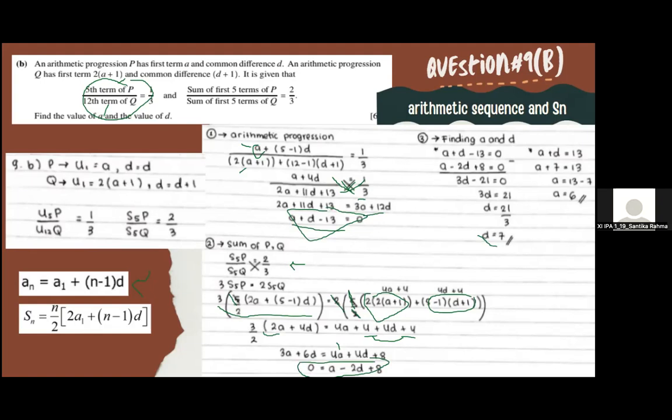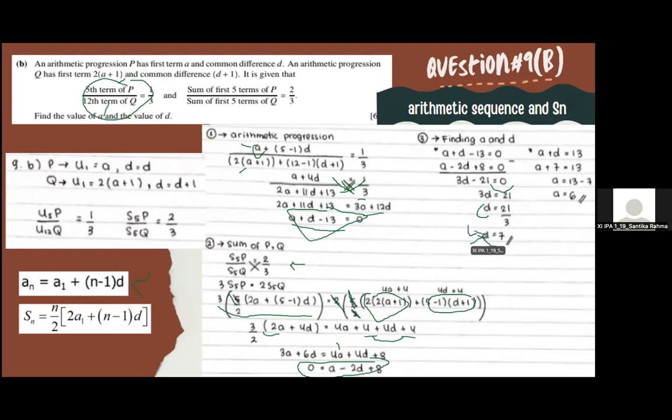We eliminate the a to get 3d minus 21, which equals 0. We move the minus 21 to the other side, so we get 3d equals 21. And then we move the 3 to the other side so that d will be on itself, and 21 will be divided by 3, which equals 7. So d is 7.